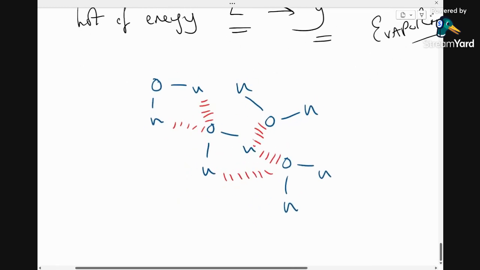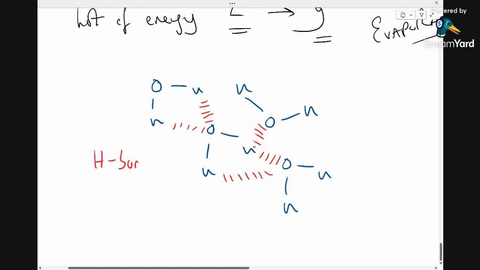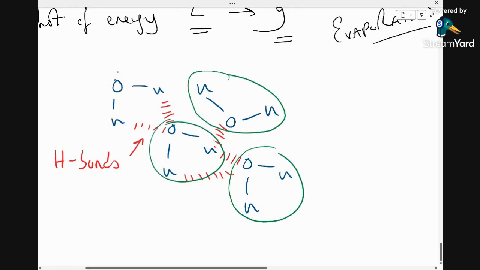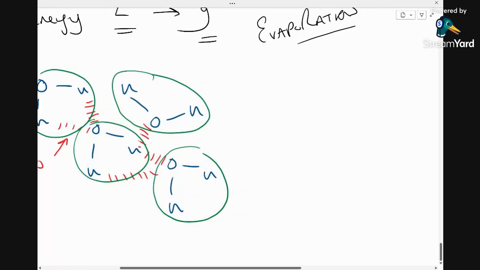Collectively, if we have loads of hydrogen bonds, H bonds, it takes a lot of energy to break them all apart to release each individual water molecule as an individual entity to become a gas. And don't forget particle diagrams, right? Particle diagram for a liquid is that you have some of them touching, some of them not.